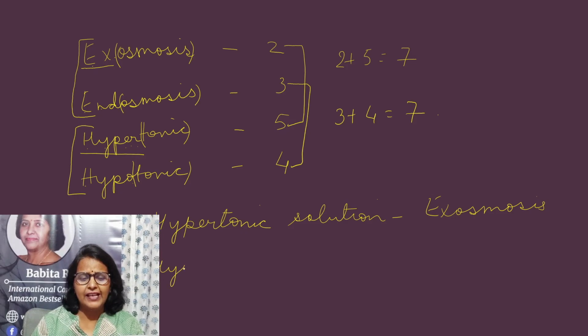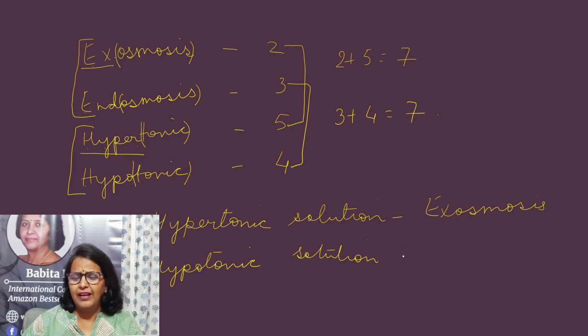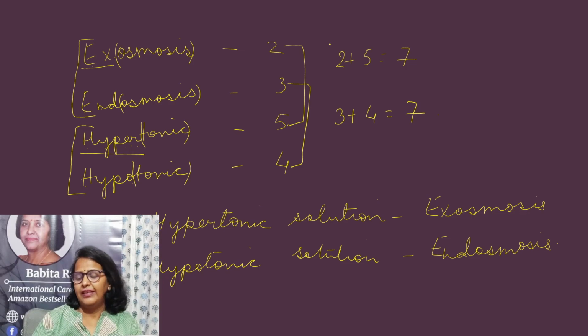If we keep a cell in hypotonic solution, endosmosis will take place. So this is to remember that this should be equal. If it is equal, how can it be equal? By adding 2 and 5 we get 7, by adding 3 and 4 we get 7.